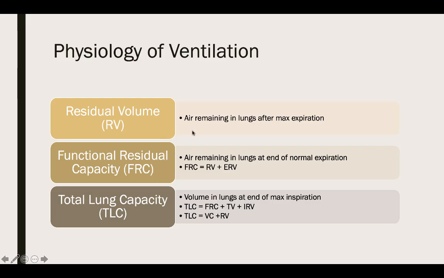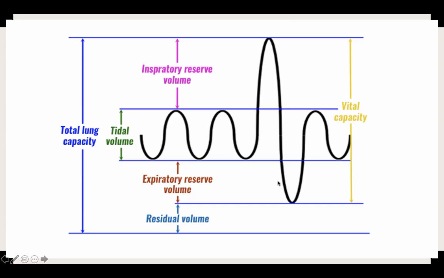So our residual volume is all the air remaining in the lungs after a maximum expiration. And that's because we don't want our lungs to collapse on themselves completely. So even though our inspiratory reserve volume takes us to the very top of our lung capacity, our expiratory reserve volume is never going to get us to full empty.